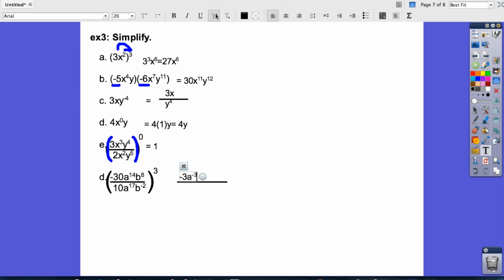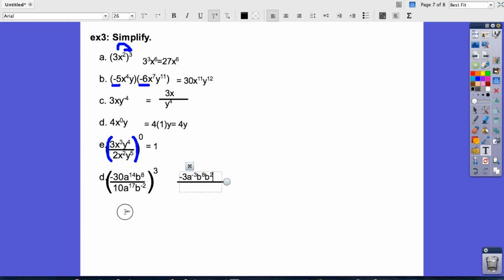Now we have b. So b to the 8th, I'm going to do this slightly differently. B to the 8th is positive, so I'm going to leave it there. And we have b to the negative second on the bottom. Because we have b to the negative second on the bottom, it's actually going to go up to the top and become b to the second power.